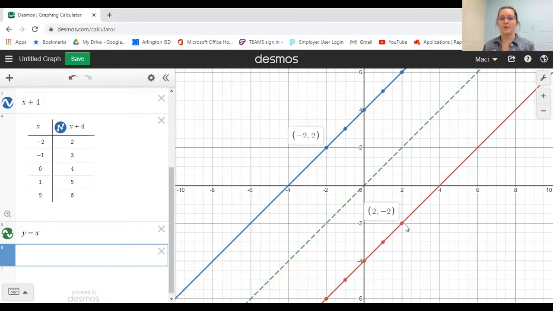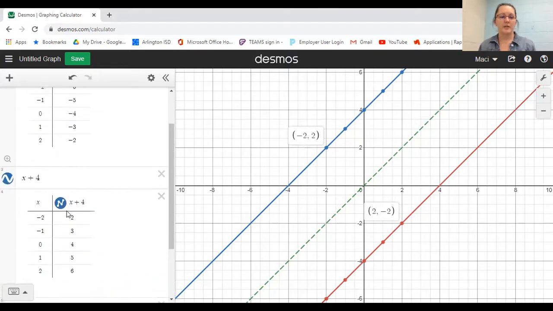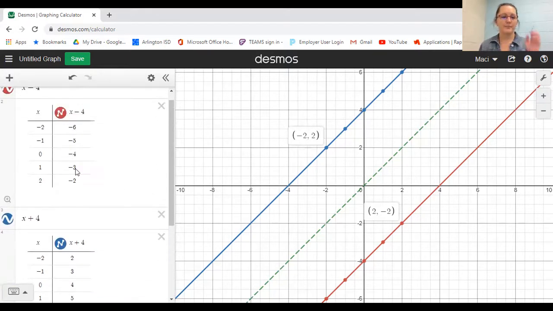If the domain x values are the y values of the other function, you can see that in these two points. The domain -2 is the range in the inverse. The domain 2 is the range in the inverse.